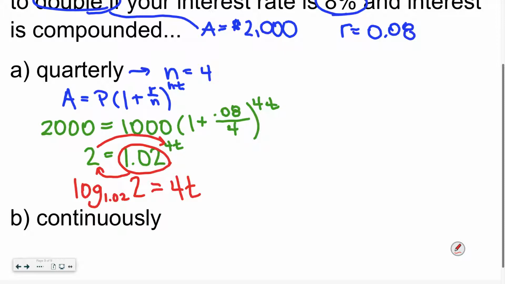Yes, you have to make it 4t. Okay, so what I need you to do is take the change of base formula for this guy. And then since it equals 4t, we can divide that 4 over.